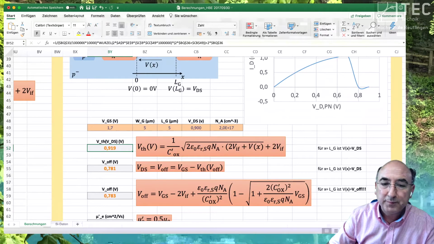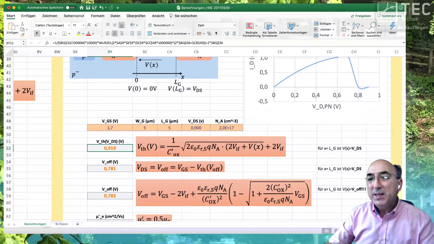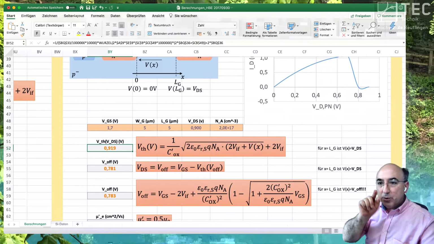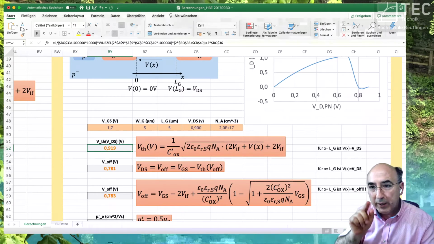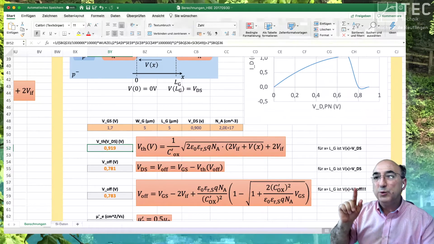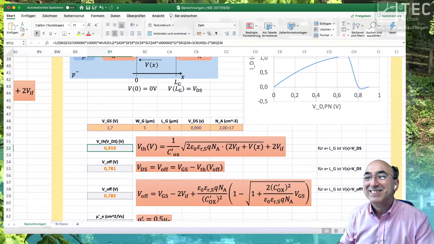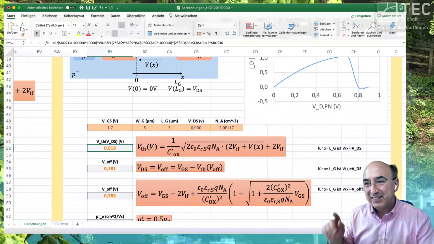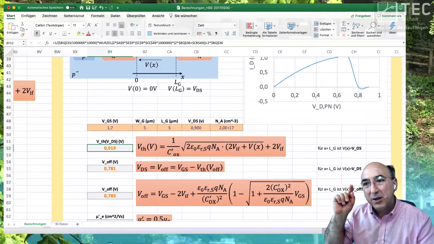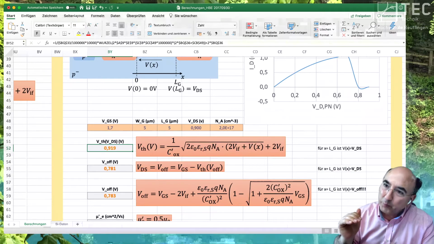You see? 0.9 volt. If you increase your doping level to a value which is closer to the ohmic contact, 10 to the power of 19, you cannot switch on the MOSFET. That's the only reason for having it low.